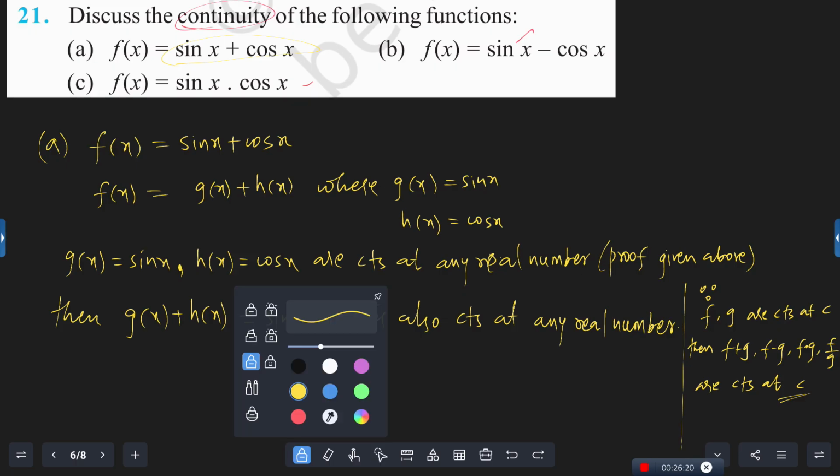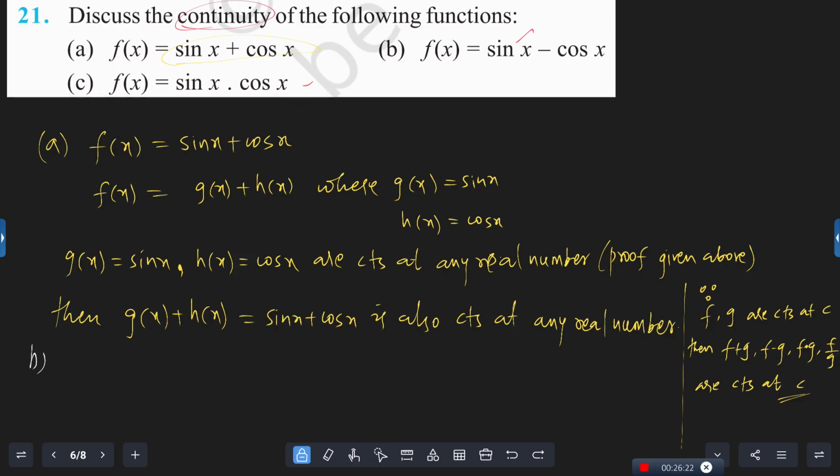Like that, question B. What is given? Subtraction. So f of x is equal to sin x minus cos x. You take some name again. Similarly, addition is continuous, subtraction also continuous, multiplication also continuous. Like that you have to give the proof, and you have to show the steps.